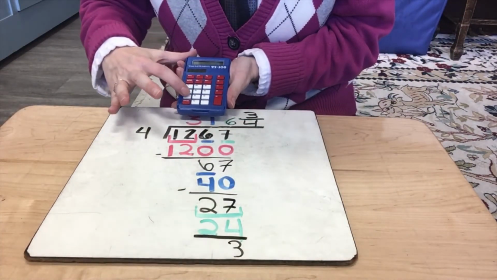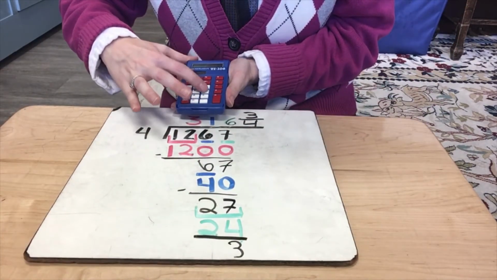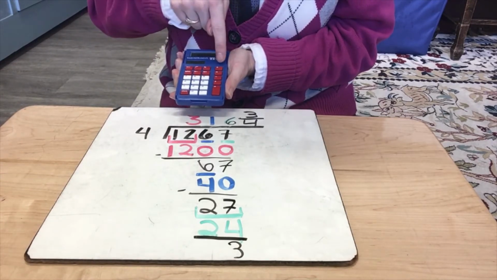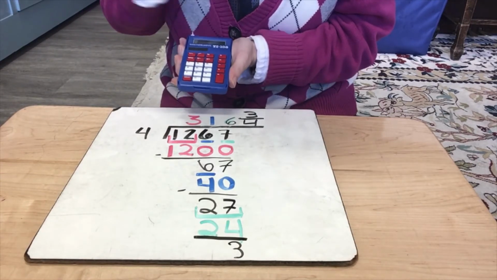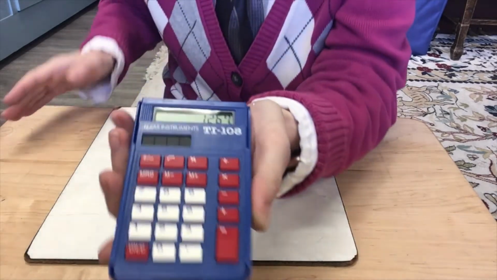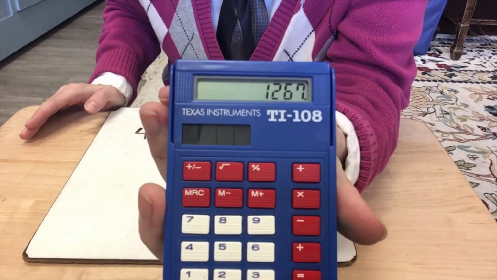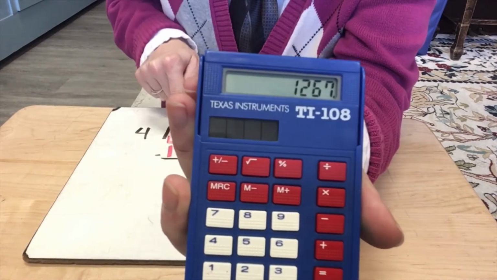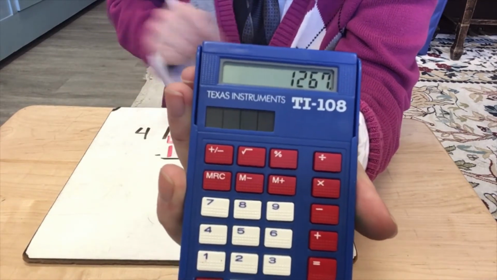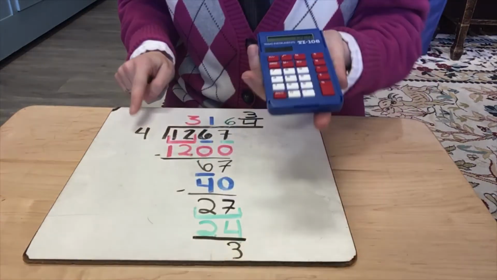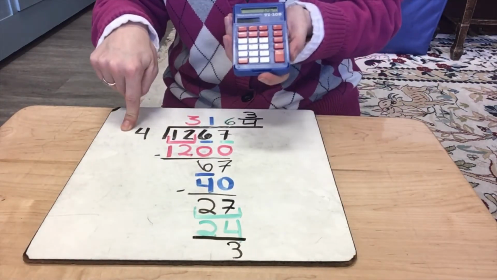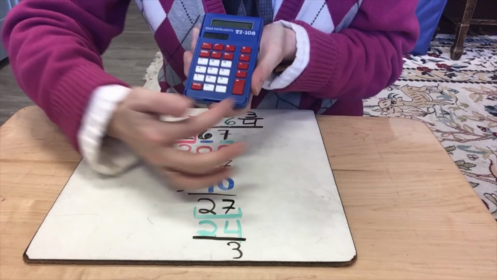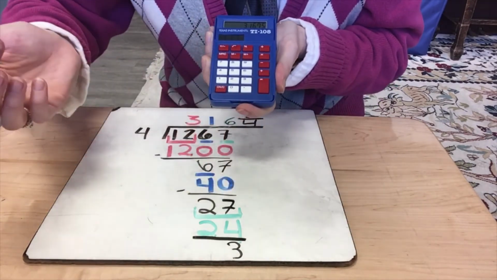So I see 1, 2, 6, 7. Then here's the divided by, and nothing's going to change at first. That's okay. I've already pressed in the digits to make my dividend, and I've put the divided sign in there. Now I need to write in my divisor. So then I simply press the 4 next, then the equal sign.